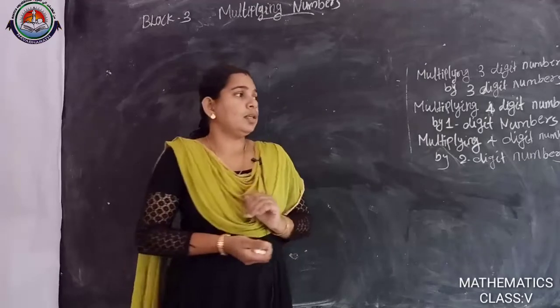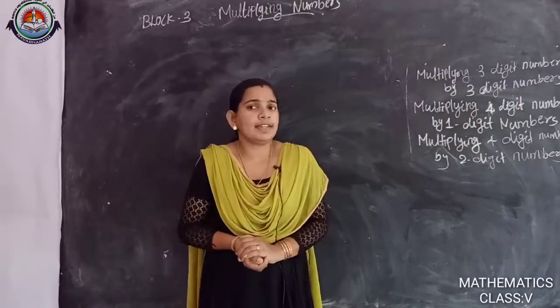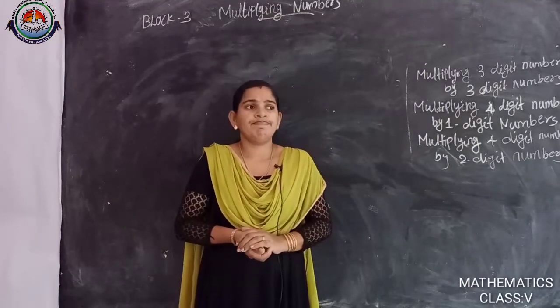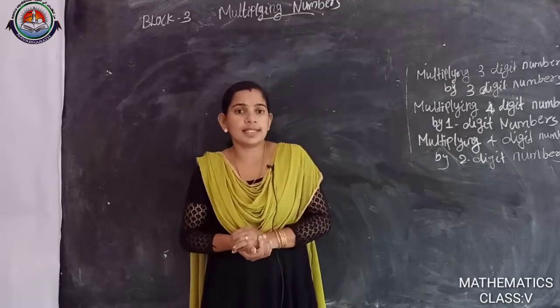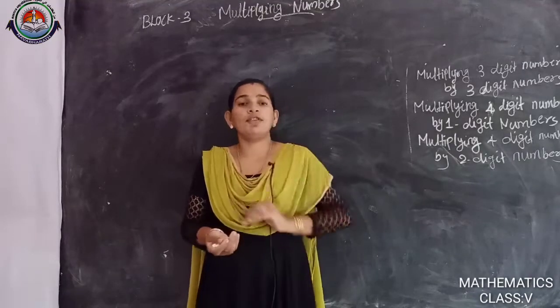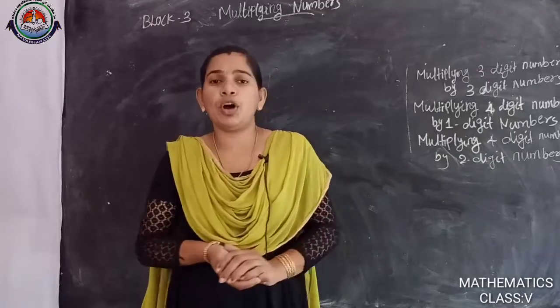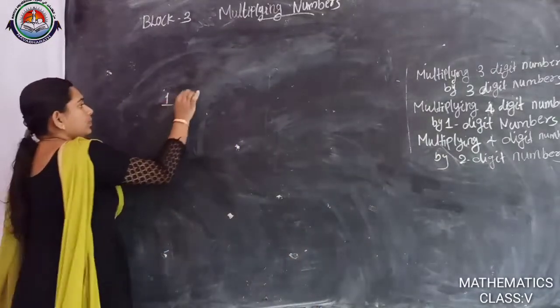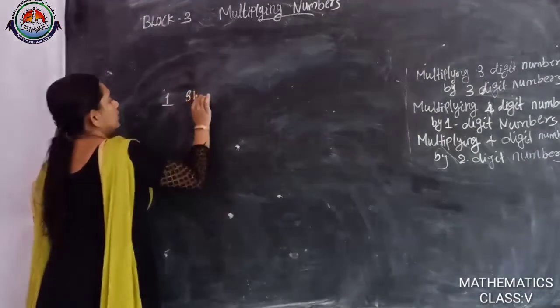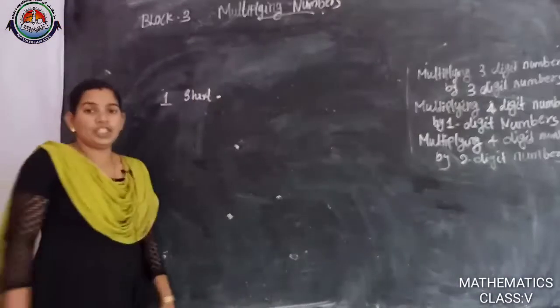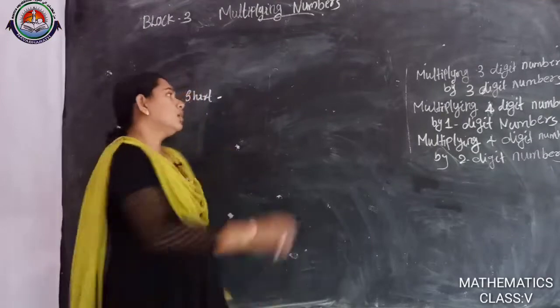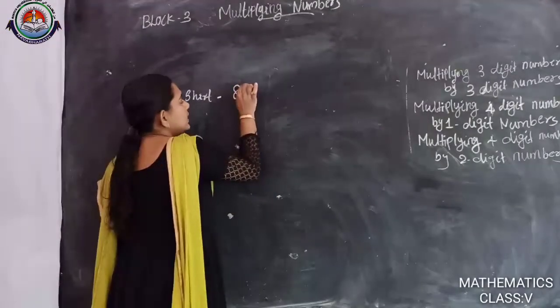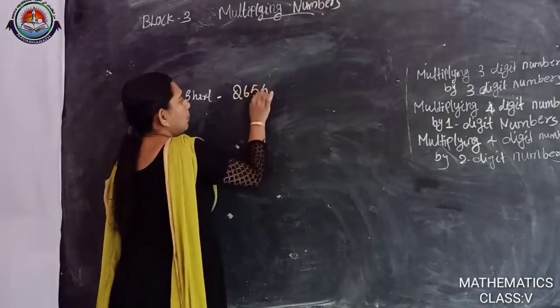Let me ask you one question. Are you visiting any shop for buying dresses? Suppose you are going to a shop and buying one shirt. You like that shirt, and its cost is 2,655.